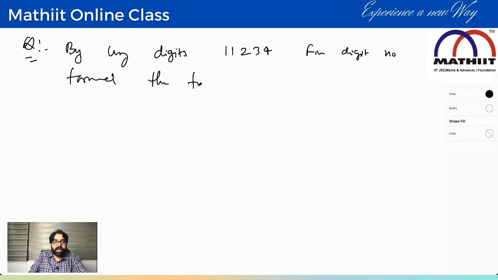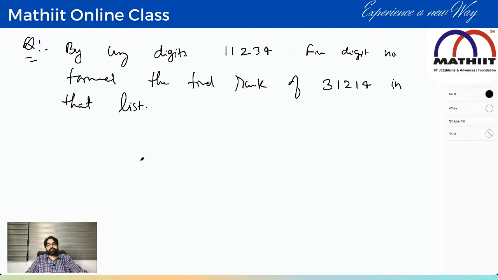Then find the rank of 31214 in that list. Did you understand the meaning of the question? Do it carefully, do not be in a hurry, understand the logic. This is not a theorem or concept, it's just a type of question, an arrangement we have to do. Restricted permutation, nothing else.